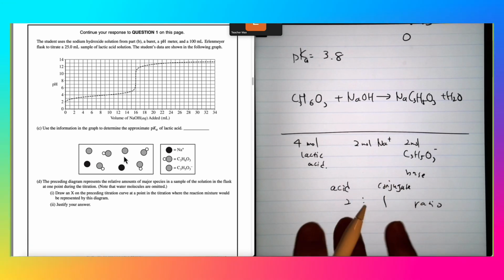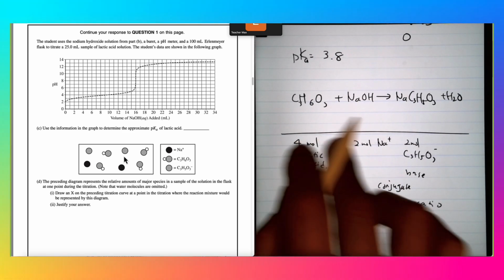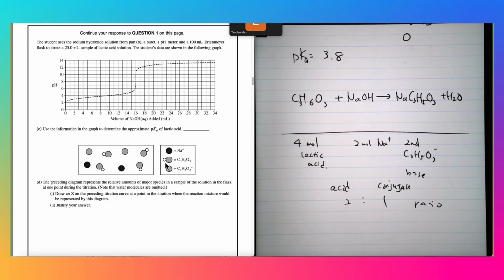Now recall that they have to be the same ratio, 2-to-2. Like if it's 3 of the white circle with a big circle, and then 3 of this, then we will be exactly at the half equivalence point.